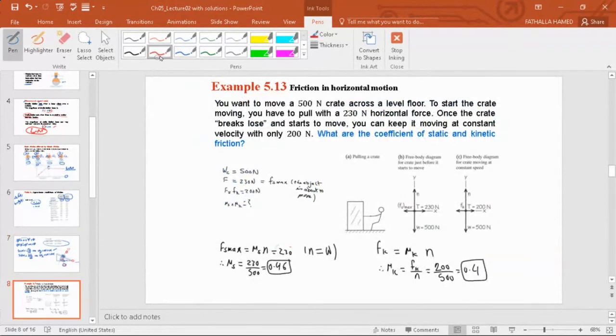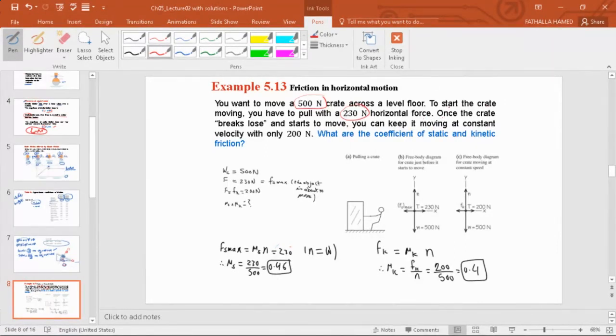So let's deal with some examples here. And the first example that we have here, you want to move a 500 Newton crate. So right away, they give you the weight here. You know, when the units are given in newtons, you're given the weight. Across a level floor. To start the crate moving, you have to pull with 230 Newton horizontal force.